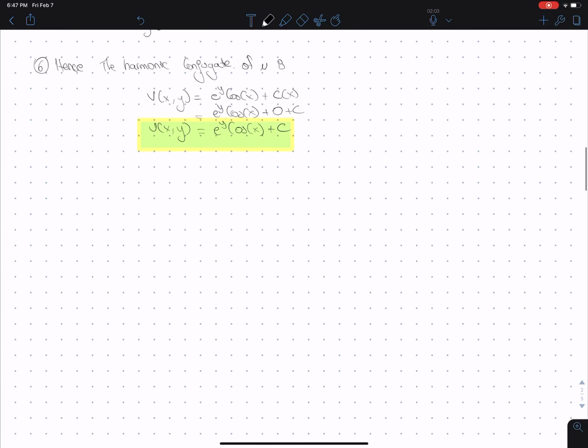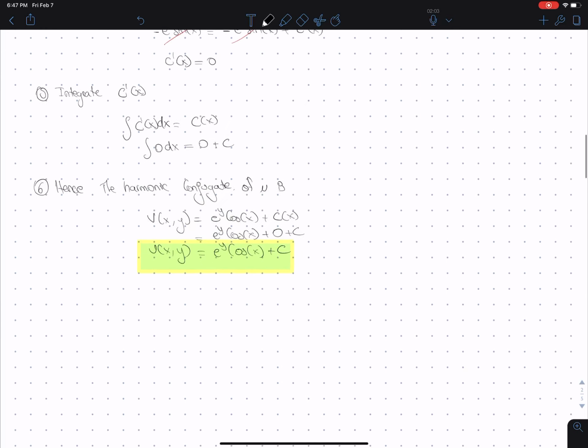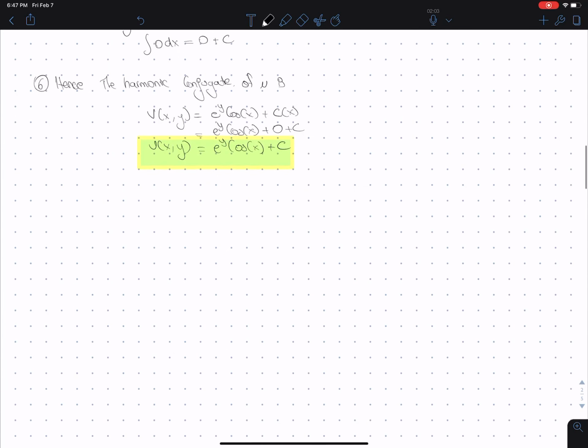So therefore, if we want to write the function f of z, it is going to be equal to the real part, u in terms of x and y, plus i times b of x and y.